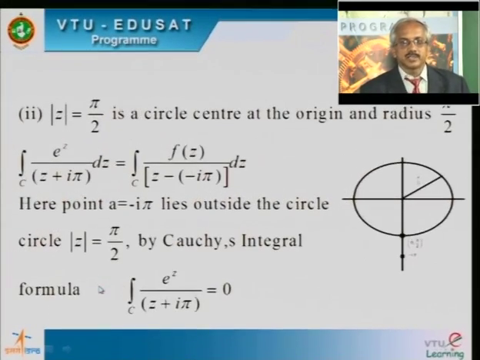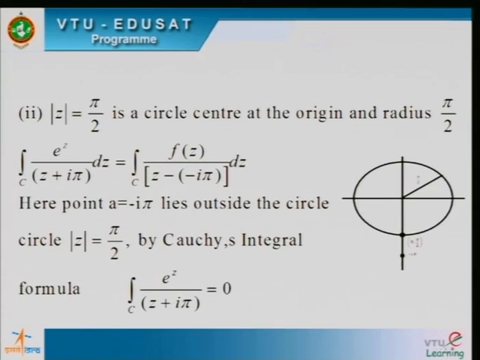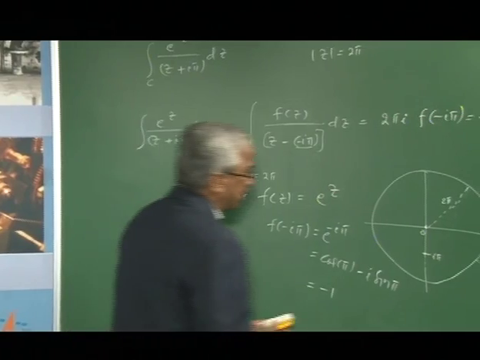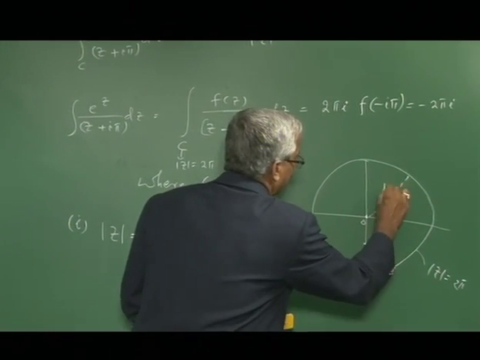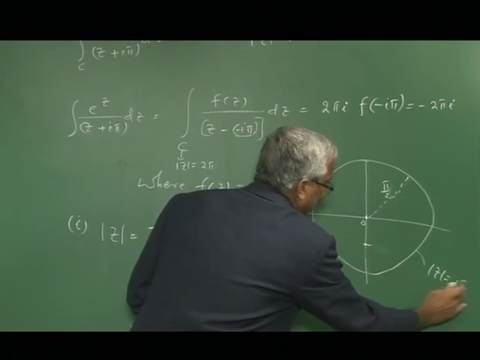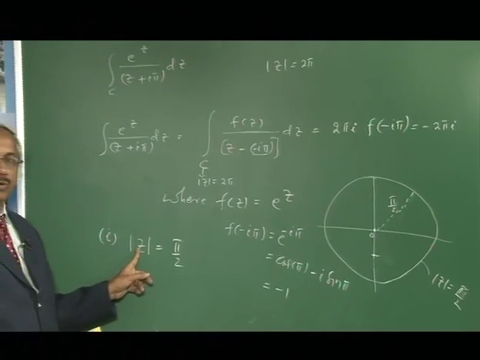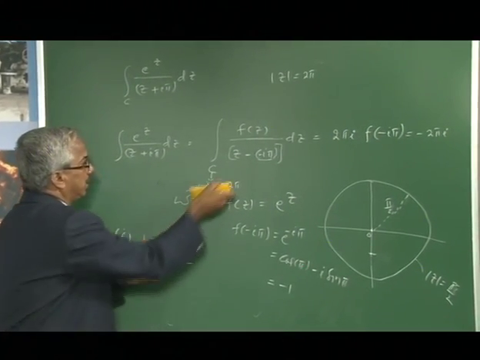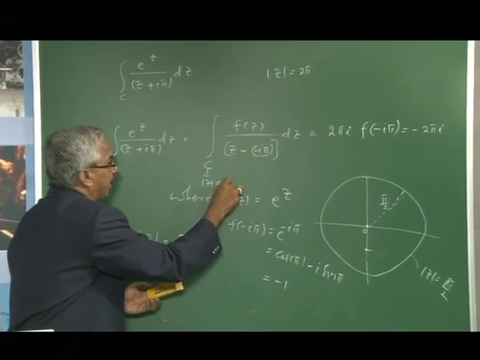Then another case which is given is mod z is equal to pi by 2. I have to integrate along the curve mod z is equal to pi by 2.